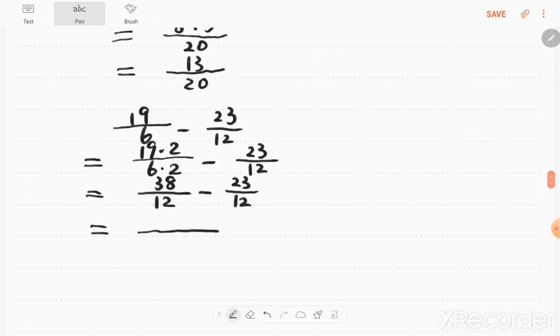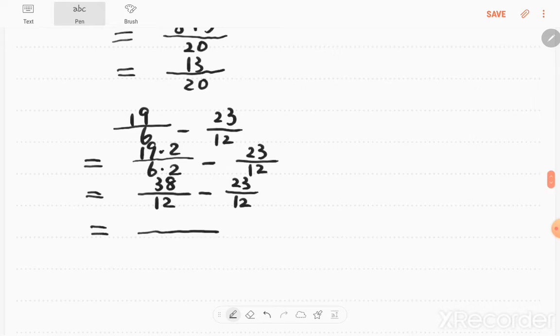Then we just do the same action as the subtraction with common denominator. We keep the common denominator 12, and for the numerator, we do the subtraction.